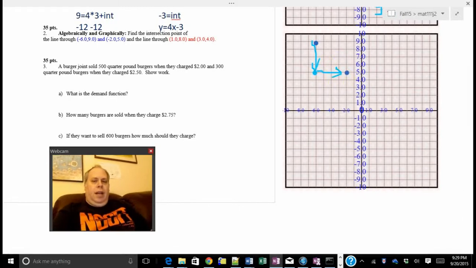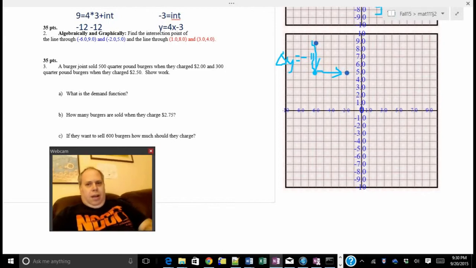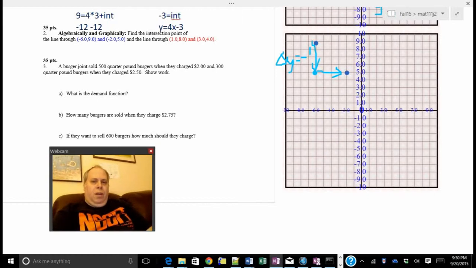And the change in y here, delta y equals -4. Okay, -4. And delta x is +4.